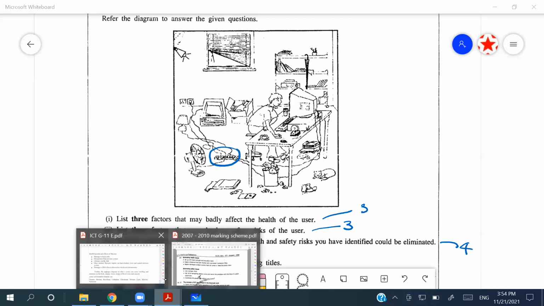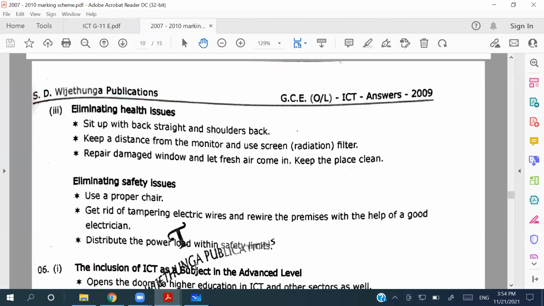And to recover from the safety issues, again, it's better you use a proper chair, otherwise you will fall off. And get rid of the tampering electric wires and rewire the premises with the help of a good electrician. Yes, so it's better we have separate plug points for the separate devices, right?